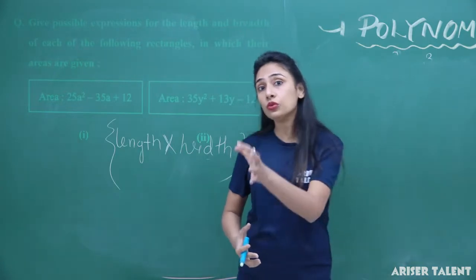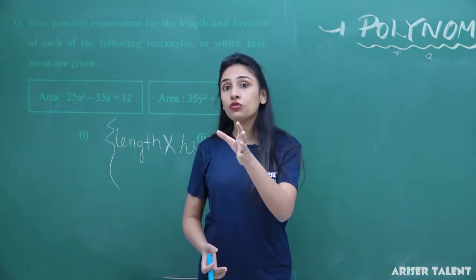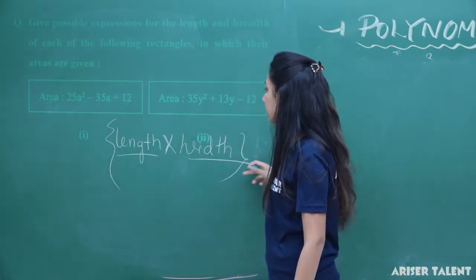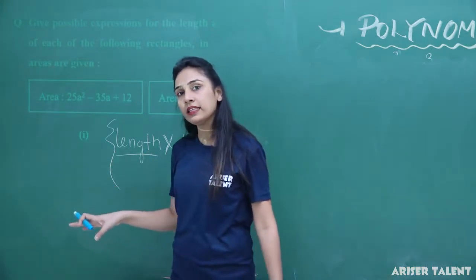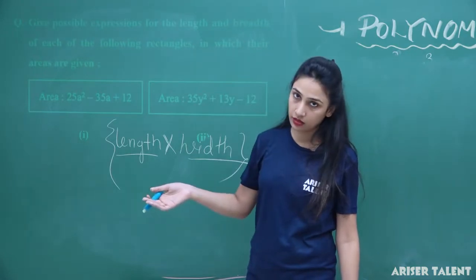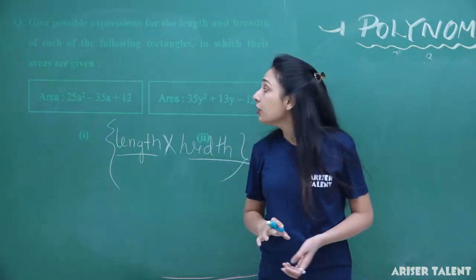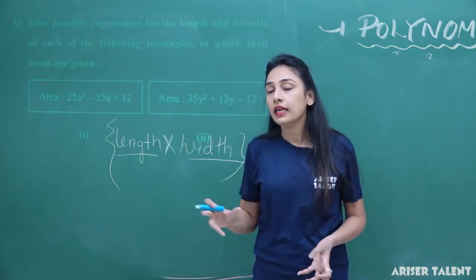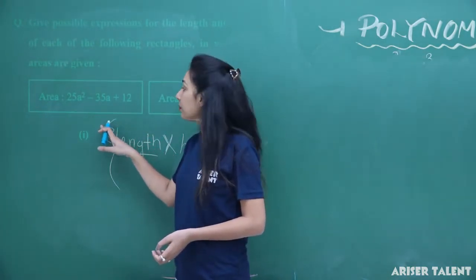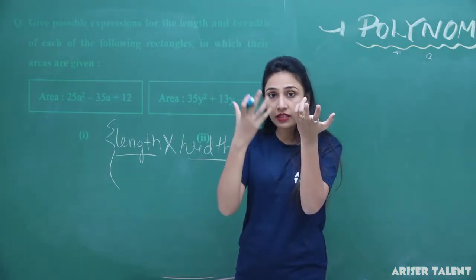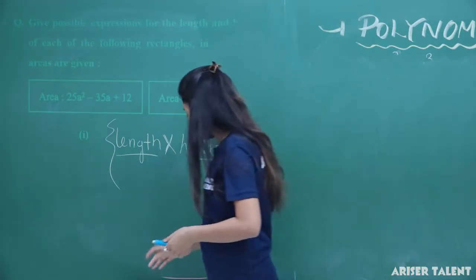If you have two sides, you need to find them in the multiplication. That means you have two factors of it. One factor is your length and the second factor is your width. Now which is length and which is width is another matter. We just have to factorize it. If you factorize that particular equation into two factors, one is length and one is width, okay.